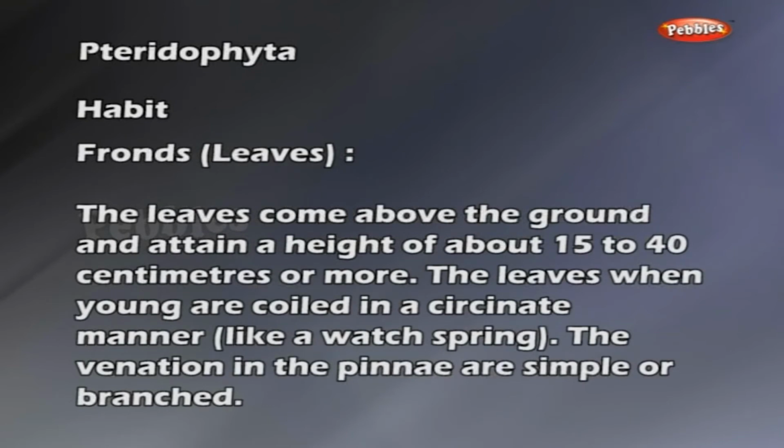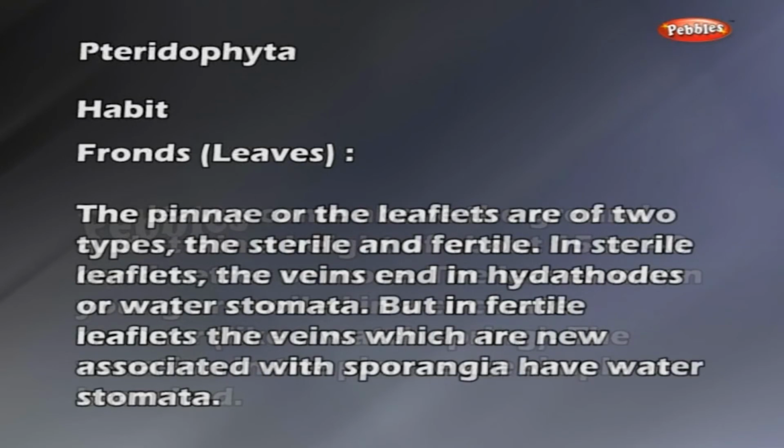Fronds. Leaves. The leaves come above the ground and attain a height of about 15 to 40 centimeters or more. The leaves, when young, are coiled in a circinate manner, like a watch spring. The venation in the pinnae is simple or branched.